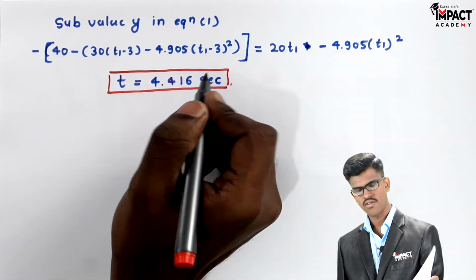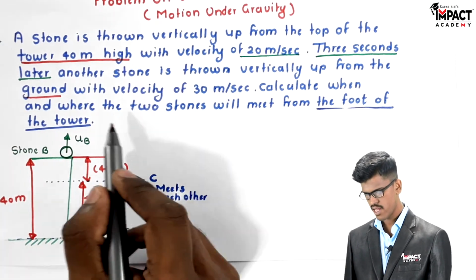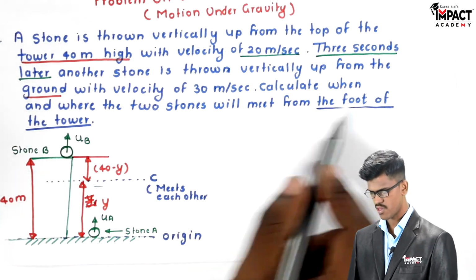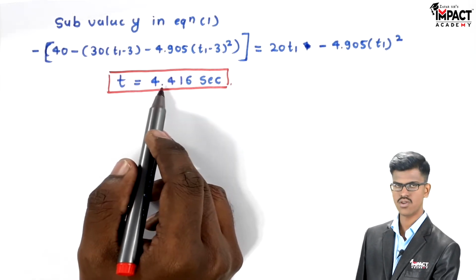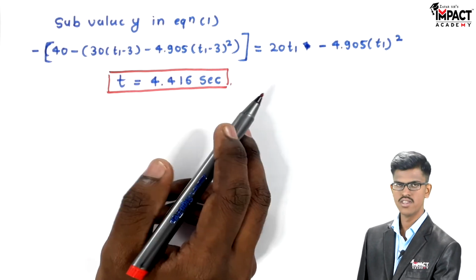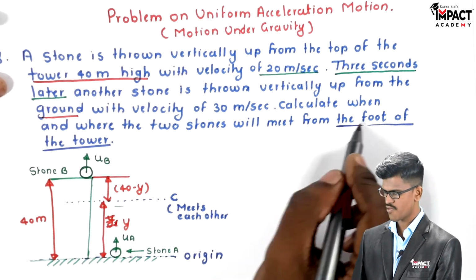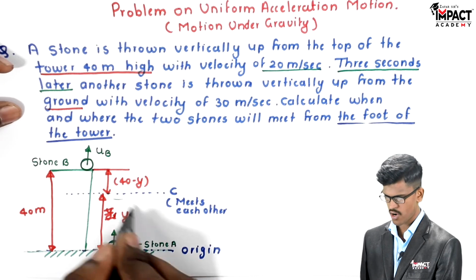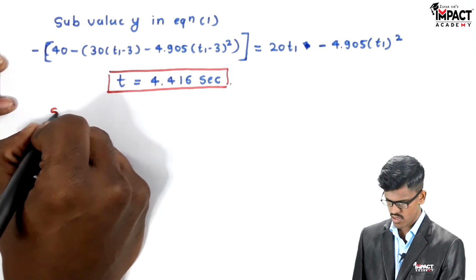So we get the first unknown value. The first unknown value they ask us to calculate is when the two stones will meet from the foot of the tower. Then the answer is t is equal to 4.416 seconds. We also have to calculate where the two stones will meet from the foot of the tower, which means we have to calculate the value of y.